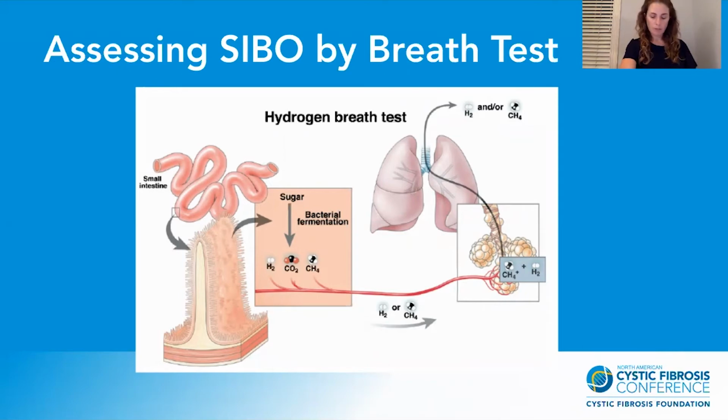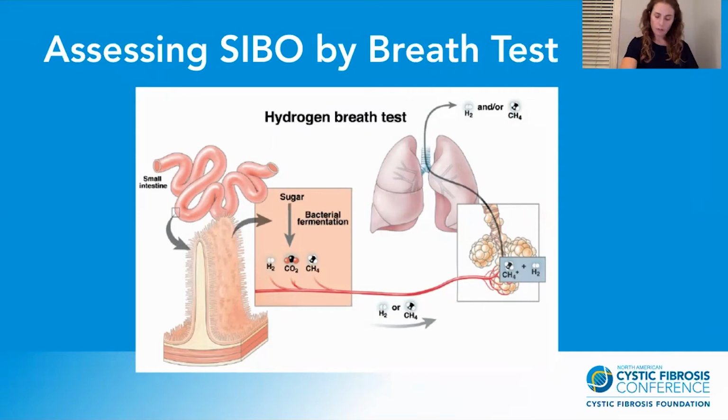The premise of breath testing is that human cells are incapable of producing hydrogen and methane gases. So if these gases can be detected in breath samples, it must signify another source, such as the fermentation of carbohydrates by microbes in the gut.